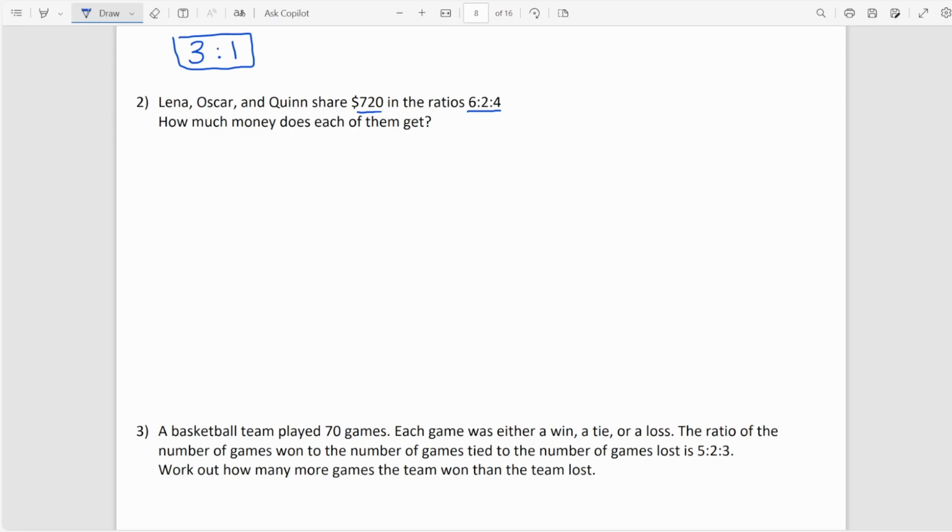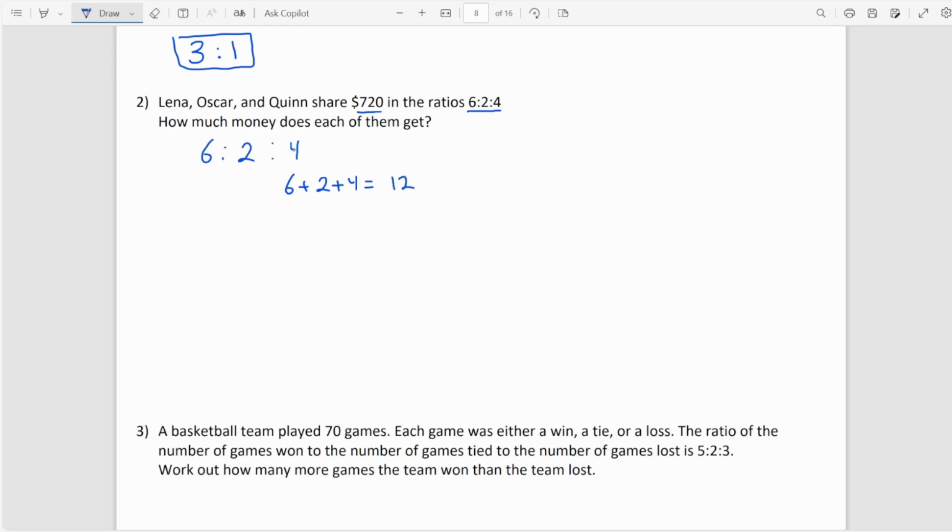So now, again, what we want to find is what one part or one share represents, and then we can find everything else. So firstly, we'll write out the ratio, 6 to 2 to 4, and I will go ahead and find the total number of parts by adding them. So 6 plus 2 plus 4, and this gives us 12.